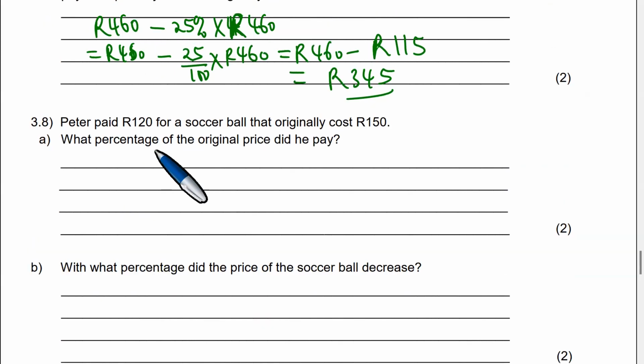Next. Peter paid 120 Rand for a soccer ball that originally cost how much? 150. Percentage.